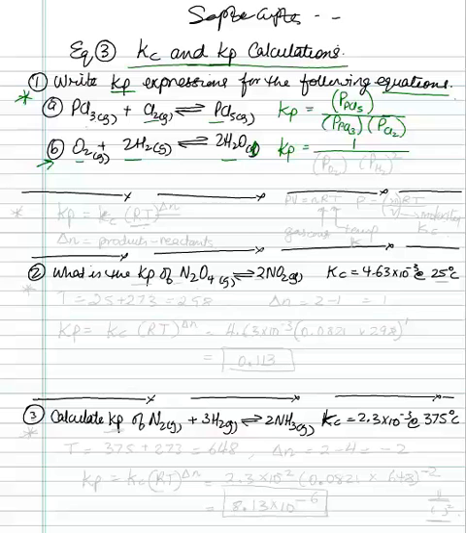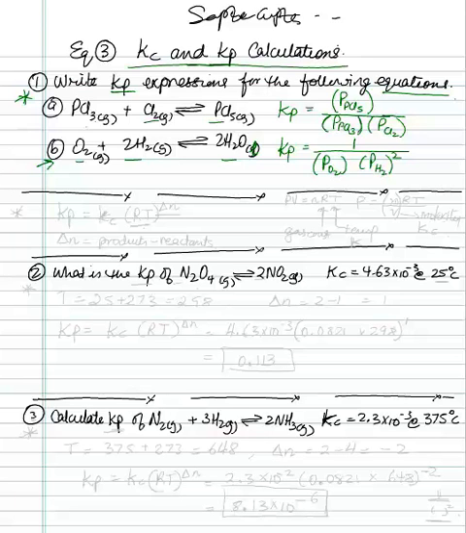And then the reactants are oxygen, so pressure of oxygen, and there is no coefficient there, so that's just 1. And then pressure of hydrogen, and the coefficient here is 2, so we have to raise it to the power of 2. So essentially it's the same as for Kc, except that you are using pressure. You don't have to use square brackets, you can use just the normal round brackets or parentheses.